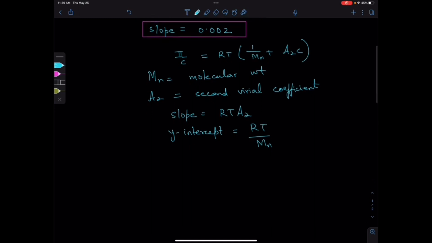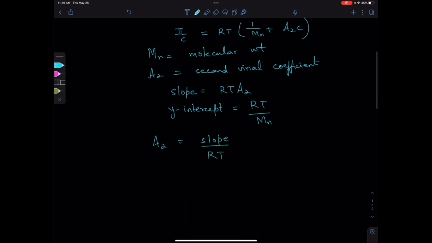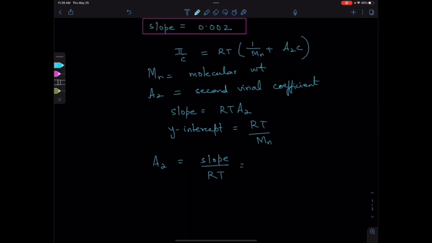Since we have found the slope, we can plug in the values to find A2. A2 will be slope over RT, which is 0.002 over 0.08205 times 298, because the temperature is 25, so 273 plus 25 is 298 Kelvin.